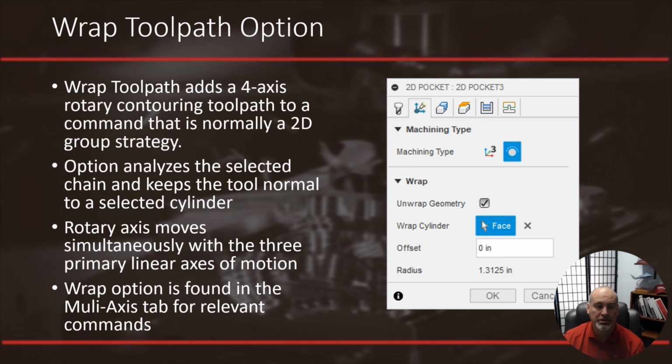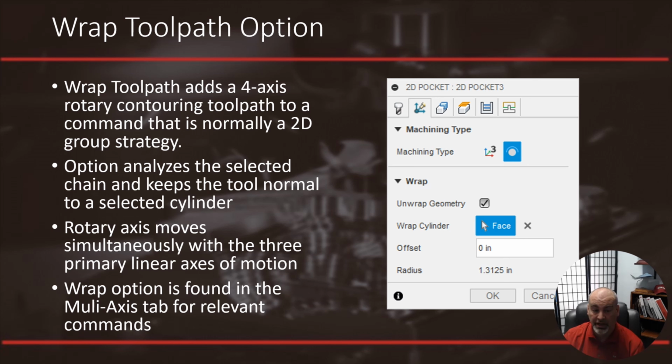And the wrap option is found in the multi-axis tab for relevant commands. This has recently moved, and it was formerly in the geometry tab. You simply switch from the 3-axis icon to highlighting the wrap icon, which is shown in blue on the right.